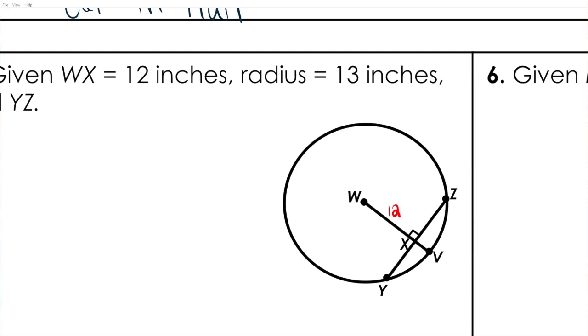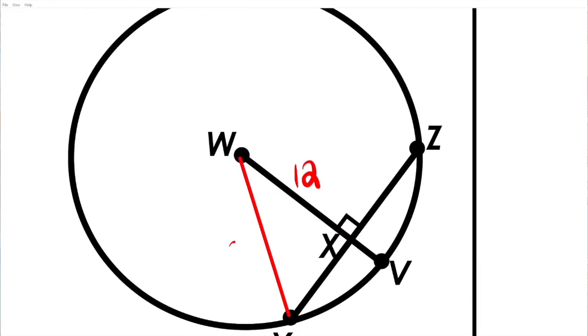It goes from the center to the end, good. But what about the relationship between radii in a circle? If I were to draw another radius over here, what would that length be? 13. Well, what if I got a little creative and drew a radius here? What would that length be? This length would be 13.